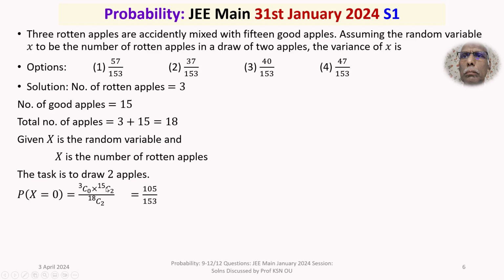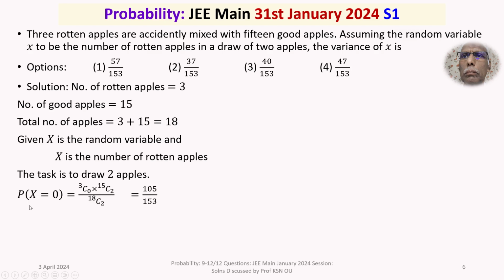So all the 2 apples that you have drawn are good ones, divided by the total, that is 18C2. When you simplify, you will get 105 by 153.